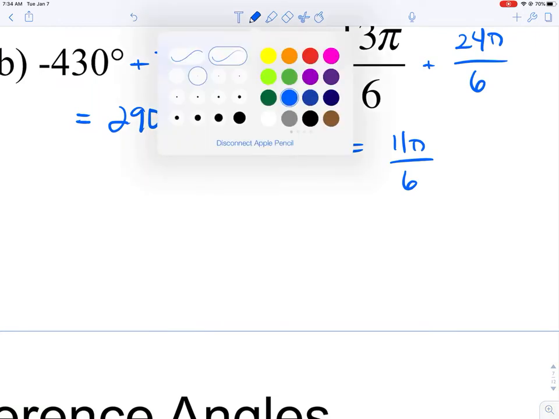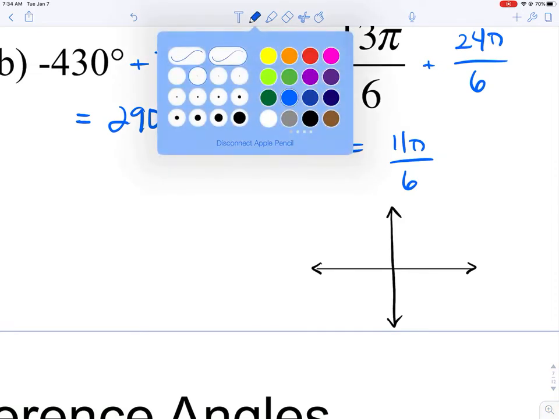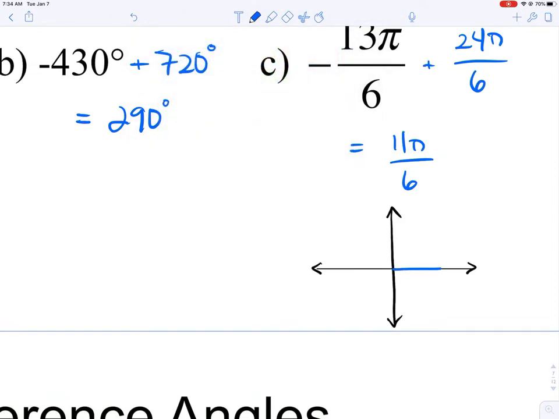So visually, you guys know 11 pi over 6, kind of like that. Okay, so negative 13 pi over 6.